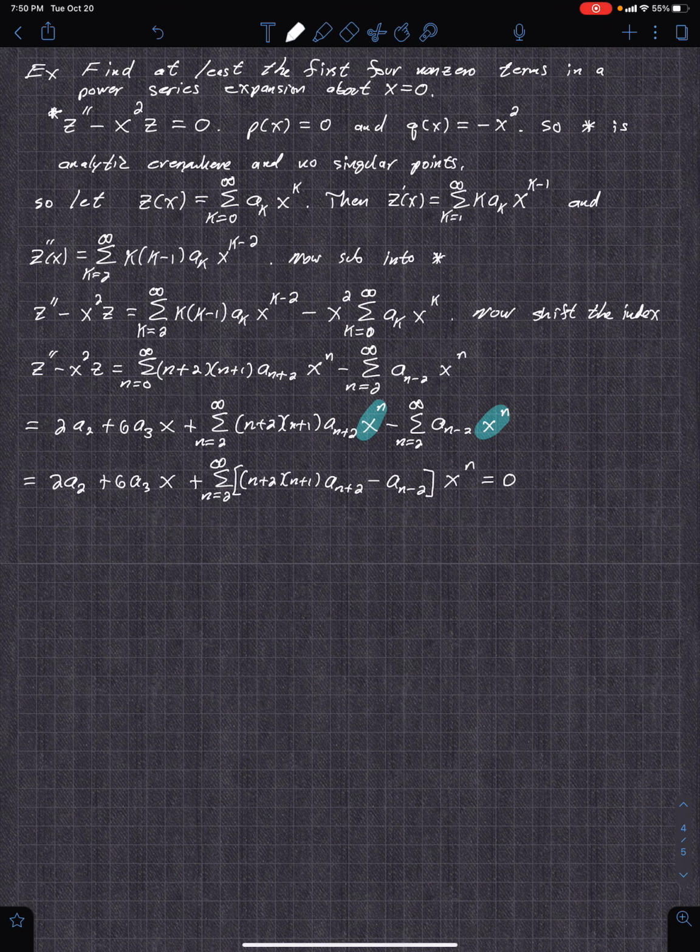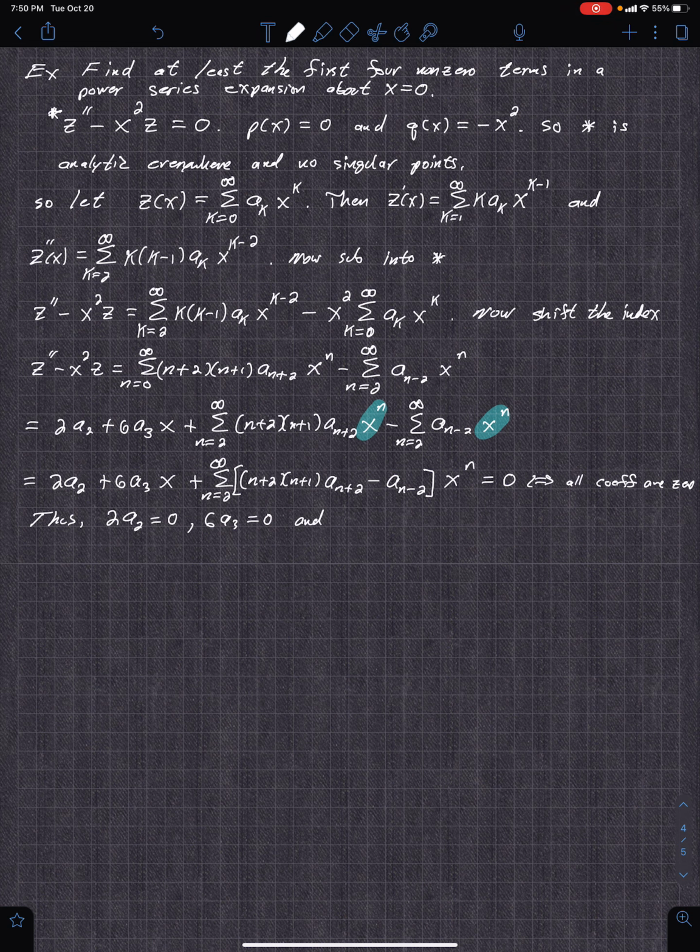And the only way this is 0 is if all the coefficients are 0. So that's equal to 0 if and only if all coefficients are 0. Thus, we have 2a2 equal to 0. We have to have 6a3 equal to 0.